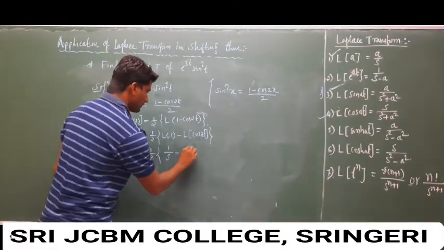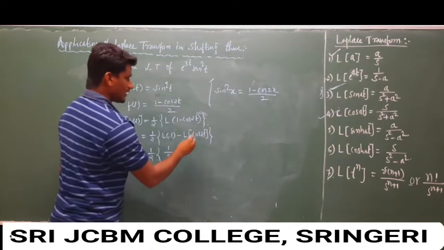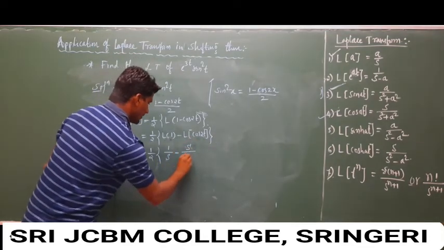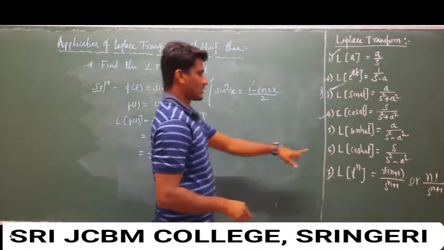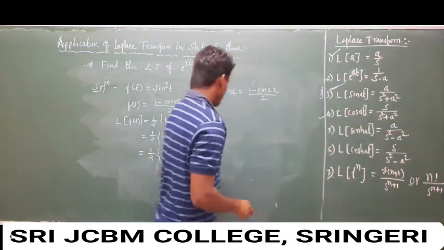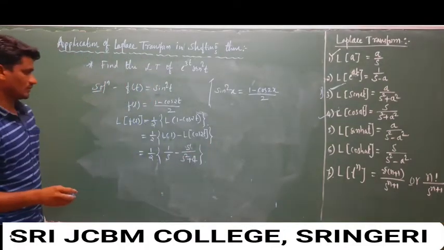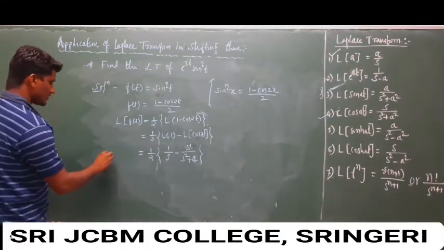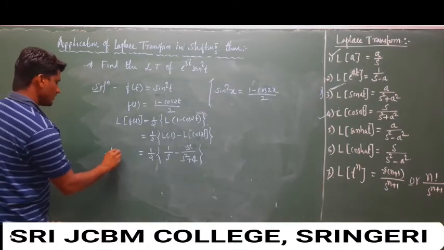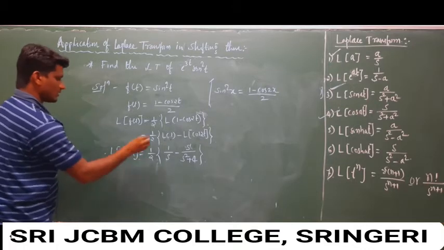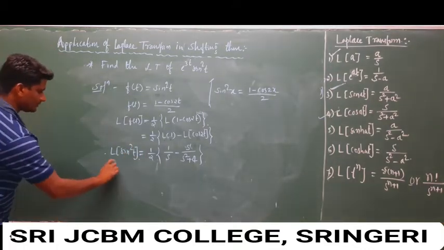So this can be written as s over s squared plus 2 squared, which is 4. And this is our Laplace transform of sin square t.